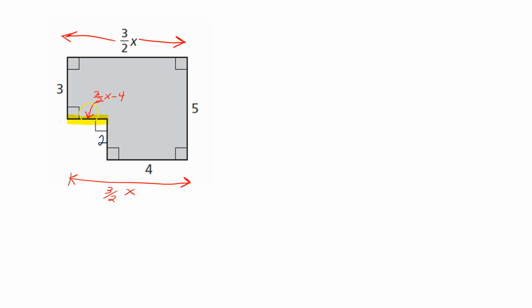But that would make it a little bit harder, because if you think about what the perimeter is, it's this 5 plus the 3 plus the 2, so another 5, plus the 3 over 2x, plus this guy and this guy add up to another 3 over 2x.